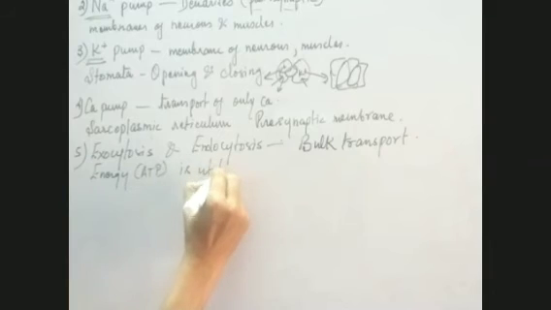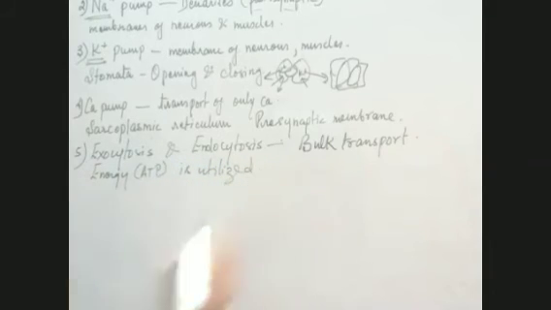And why is this energy utilized here? This is utilized because the plasma membrane's shape changes. When it gives out, then also the shape of the plasma membrane changes. When it brings in something, then also the shape of the plasma membrane changes.